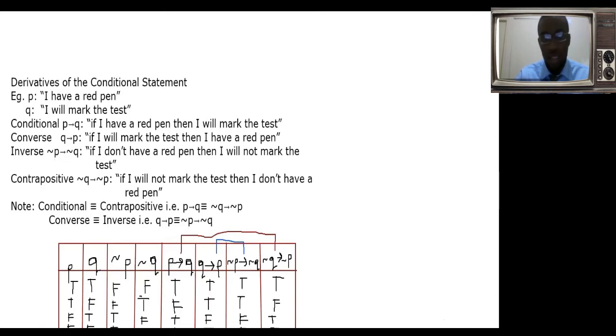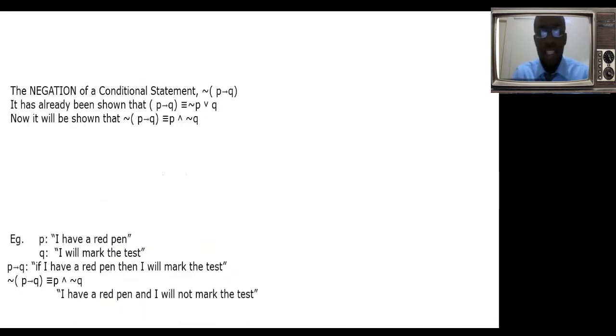Now, let's have a look at the negation of a conditional statement, which is very important. Remember, we showed that P implies Q is logically equivalent to not P or Q. Let's go back to it.